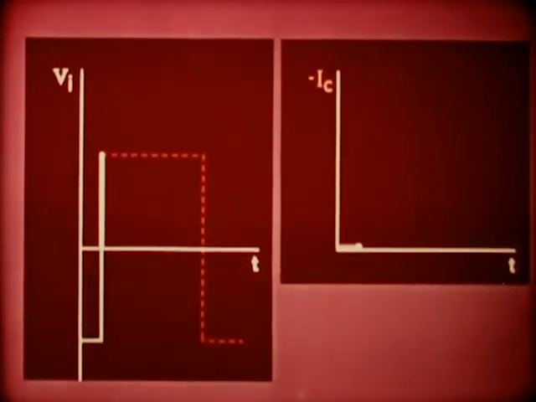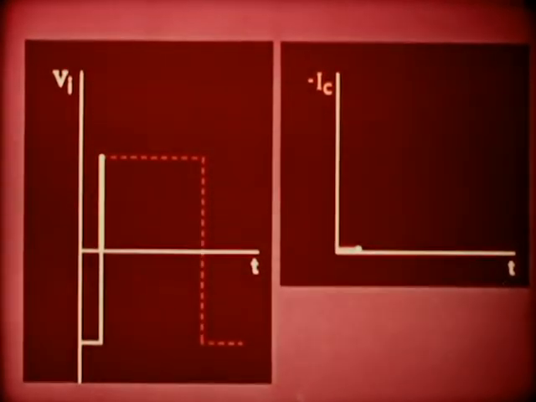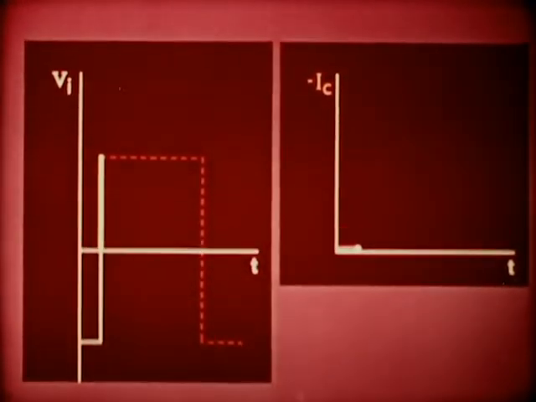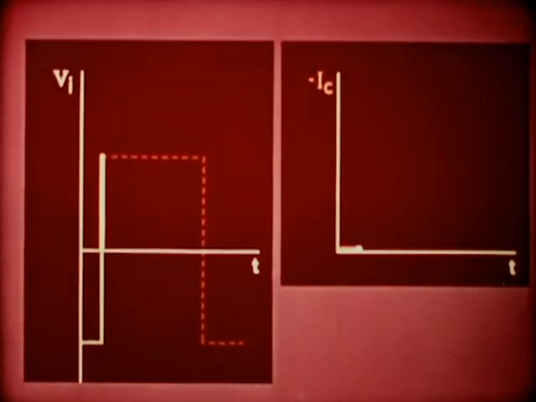This continues until such time as the barrier becomes biased in the forward direction, after which the holes start to flow into the base. The time taken for this space charge region to become neutralized is called the turn-on delay time, TD.